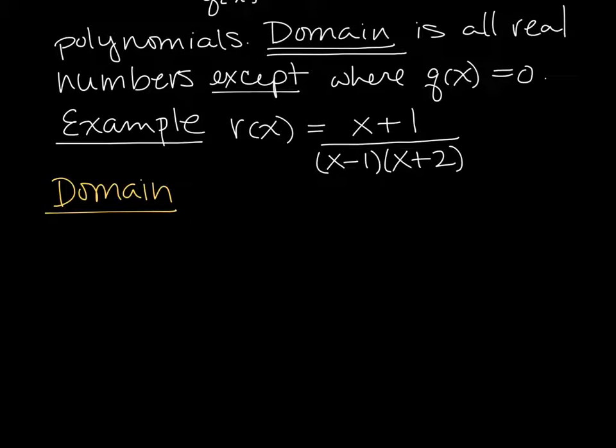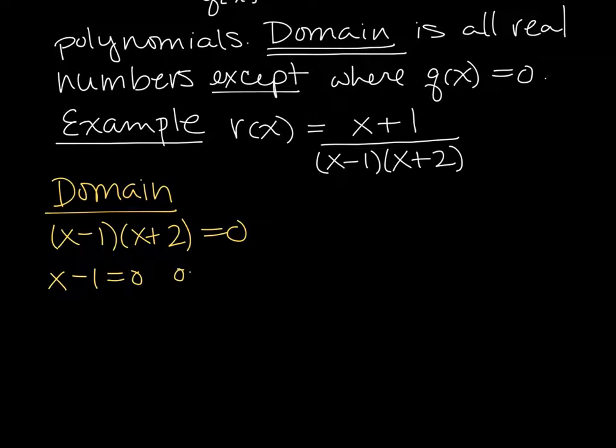So the domain. Again, we're just going to look at whatever makes the denominator 0. So we have x minus 1 times x plus 2 equals 0. Means that x minus 1 is 0 or x plus 2 is 0. So x is equal to 1 or x is equal to negative 2.